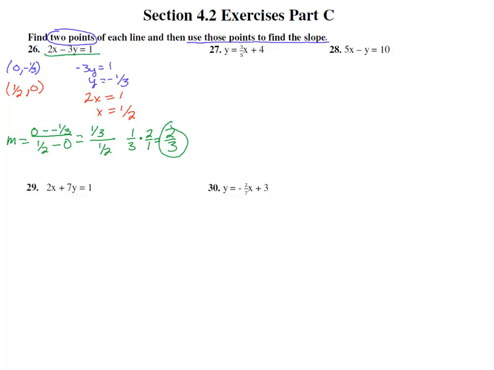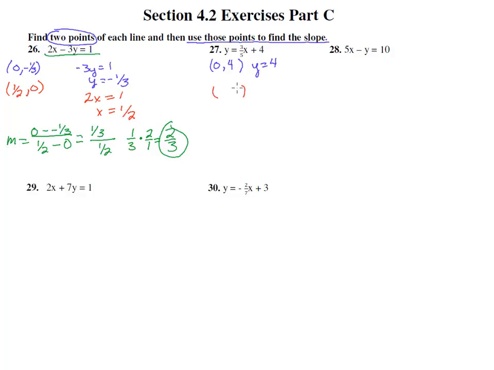Good. Number 27. Let's get 2 points. That y-intercept is just ready to do this, especially when y's already solved for. We stick 0 up there and we get y equals 3/5 times 0 in for x gives us 0 plus 4 gives us 4. So good, 0, 4. Let's try another point.